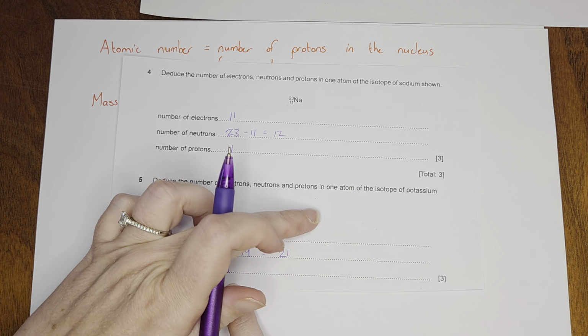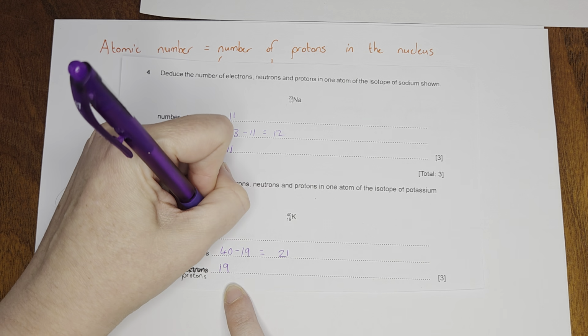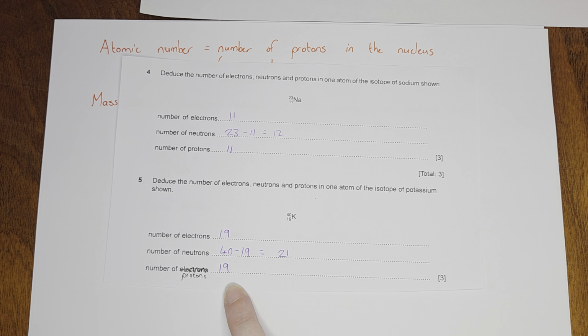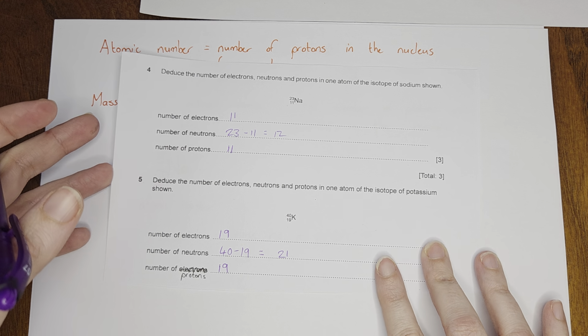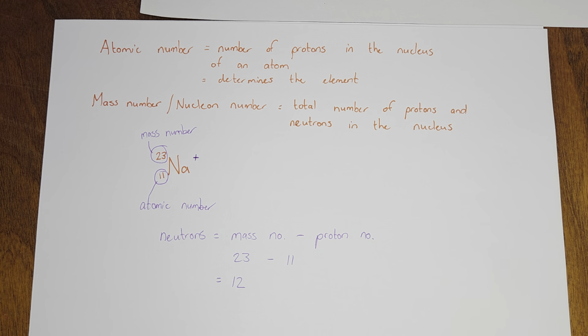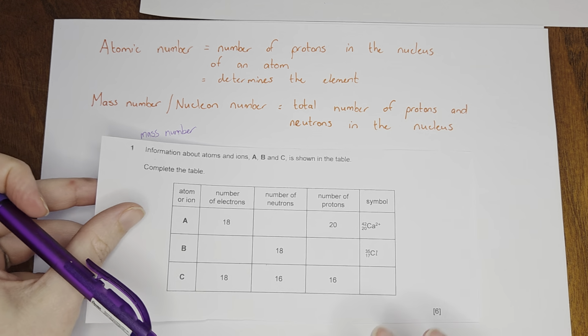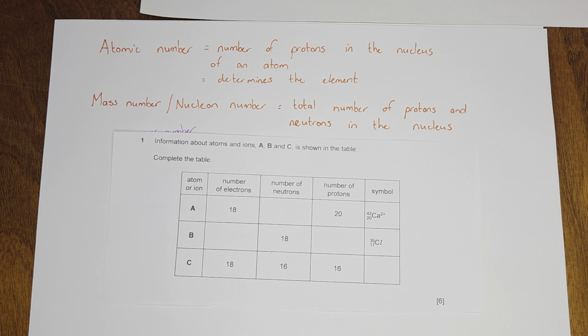And then because there is no charge here, the number of electrons equals the number of protons, so it would be 19. Okay, so those are the types of questions you can get if they ask you individually. What they can also ask you is to fill it out in the form of a table. So you have to complete the table by filling in electrons, neutrons, protons, and symbols for what's missing.